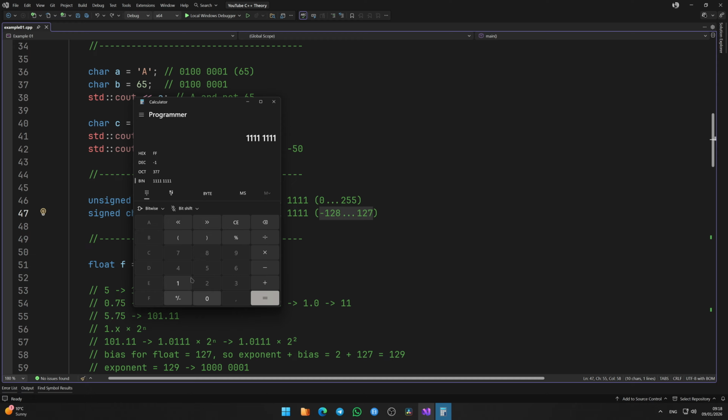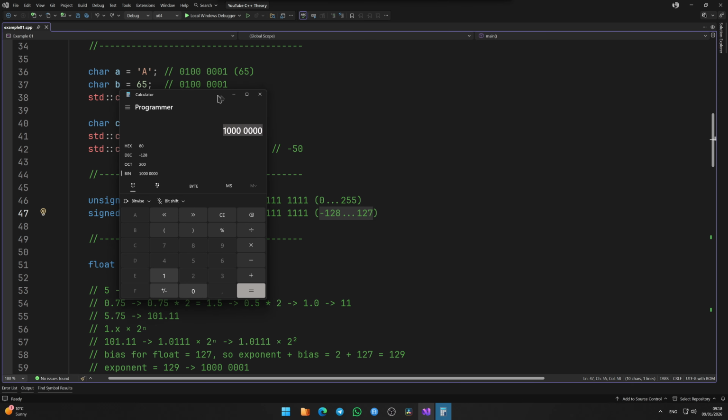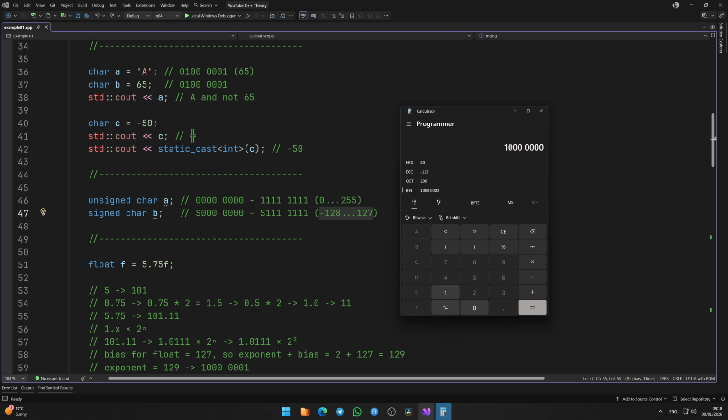So the smallest number, -128, looks like this in binary: 1, 0, 0, 0, 0, 0, 0, 0. The leftmost bit is 1, meaning the number is negative, and the rest are zeros. Together that gives us -128. Notice that if the leftmost bit weren't used as a sign bit, this same pattern would represent 128 instead.